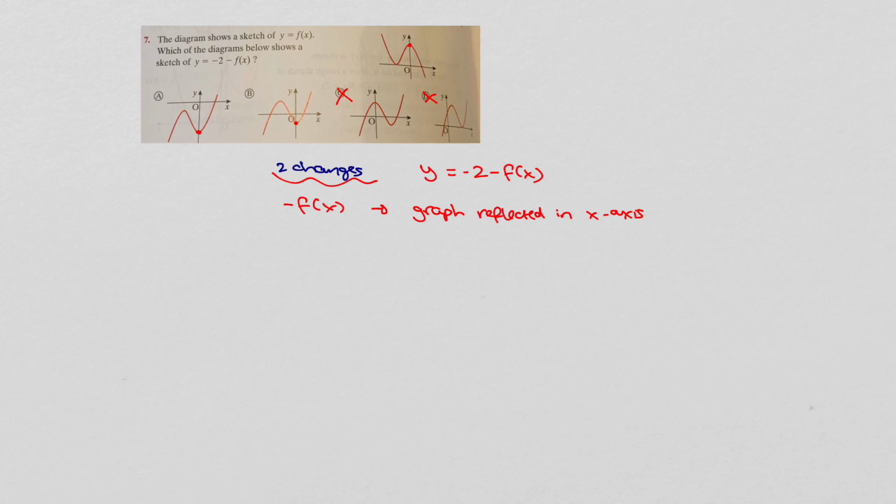So now I have to look at what's the second change to eliminate which one we have, because again, the second point is also sitting on the x-axis. Okay, so clearly some other change has to have been made, because neither of these have the lowest point sitting on the x-axis. So there has to have been some other shift.